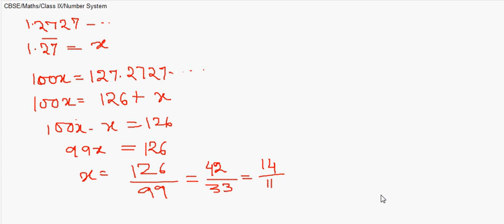We can take up one more such question wherein two digits are getting repeated. I have already taken 1.27, so let us take up 0.35 bar.